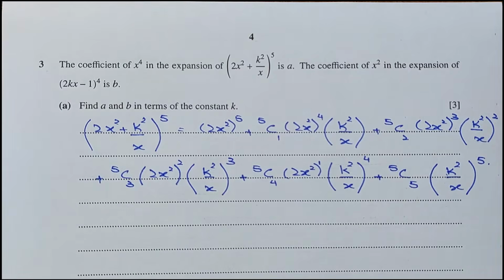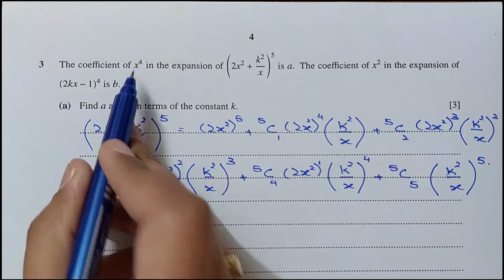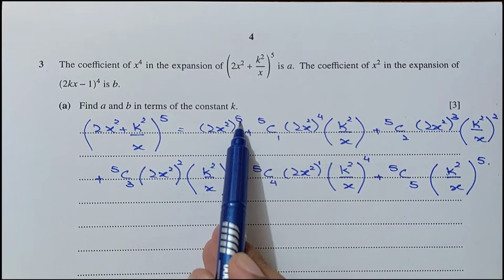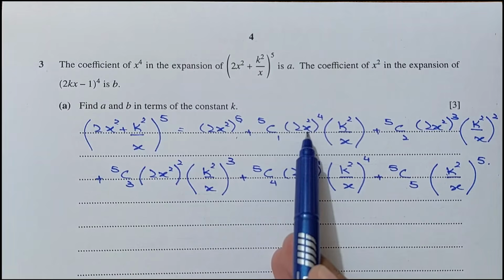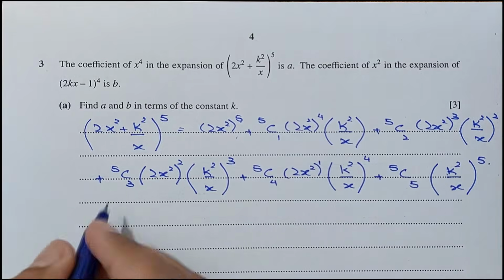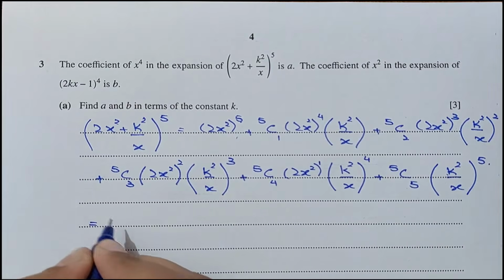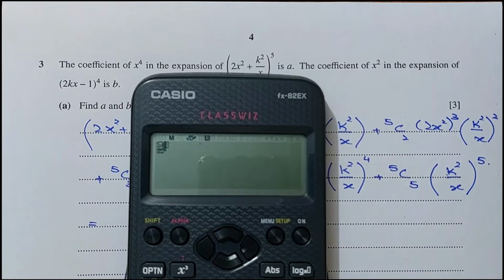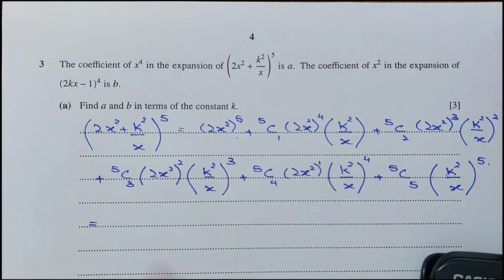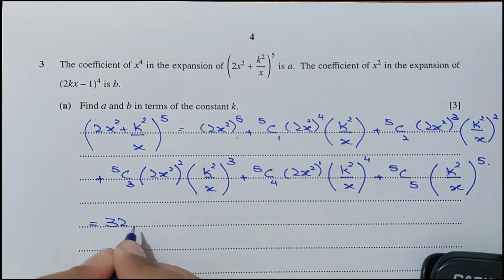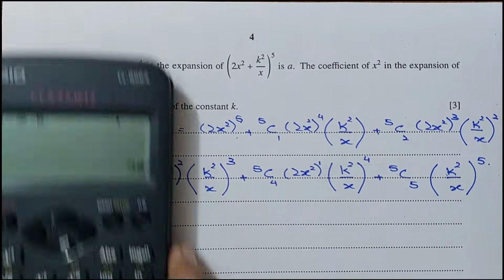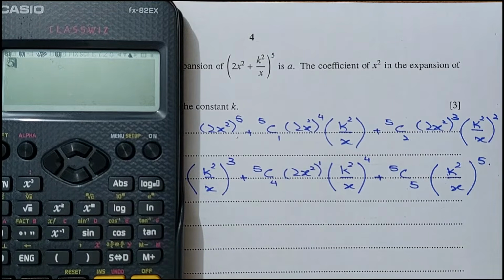Now we have to pick the coefficient of x4. Here we will get x power 2 times 5, 10, not x4. So let me open all the terms again. 2x square power 5, so we can say 2 power 5, which is 32, and x power 2 times 5 is 10. 5c1, what is 5c1?